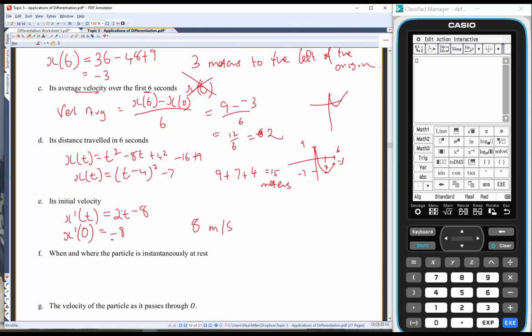Okay, where and when the particle is instantaneously at rest. So it's going to be at rest at this point here, which is going to be 4, but let's use the derivative. We'll just use some calculus anyway and see what happens. So we know that x dash t is equal to 2t take 8. 0 equals 2t take 8, 8 equals 2t.